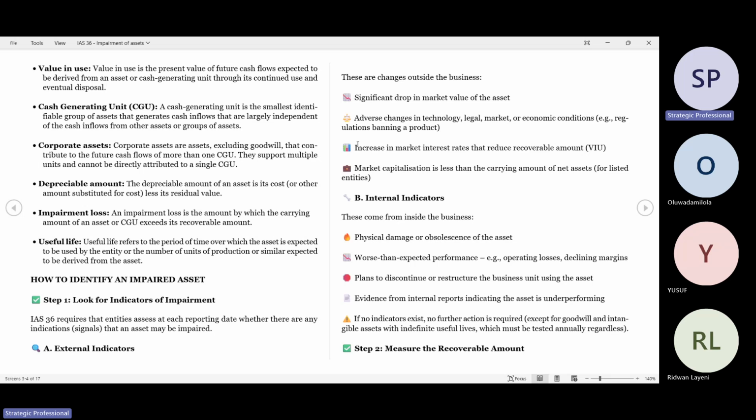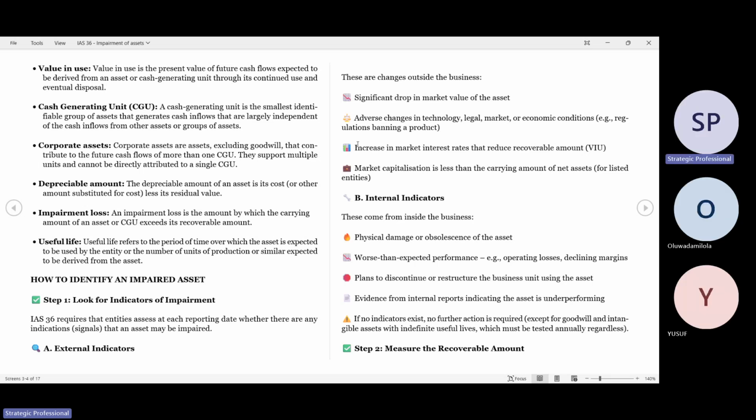But don't forget, you are calculating future. So it means that you need to determine the present value, because $80,000 in future is not the same as $80,000 now. You will agree with me. So it's important for you to use what we call a discount rate.